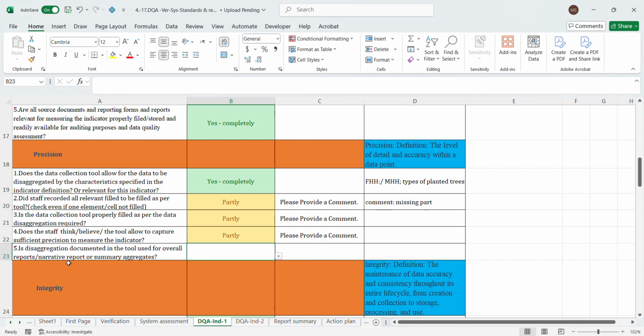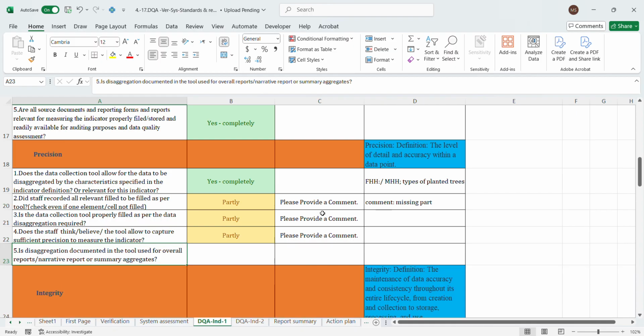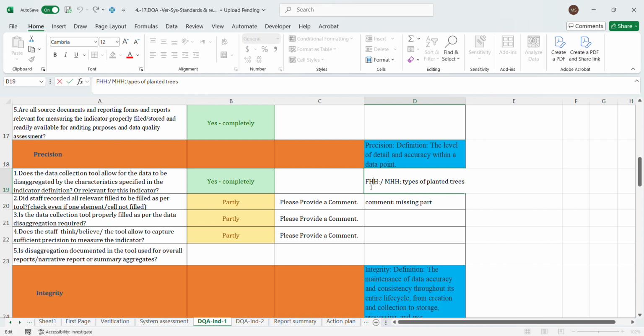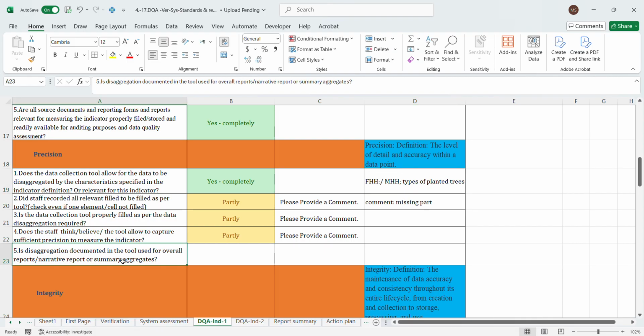The next one is, is disaggregation documented in the tool used for the overall report, narrative report, or summary aggregate report? So we have disaggregation, for example by type of planted trees or type of household, male headed or female headed. Do we have such a disaggregation in the overall report?